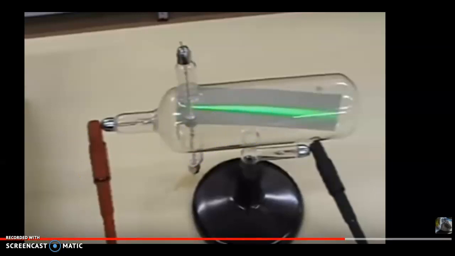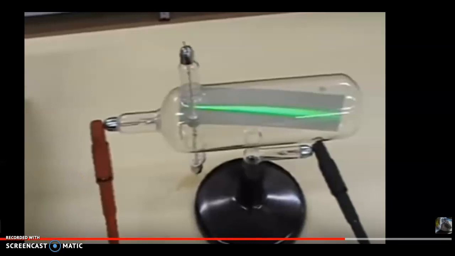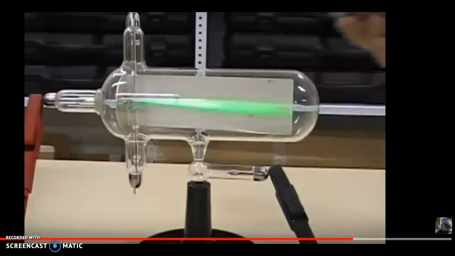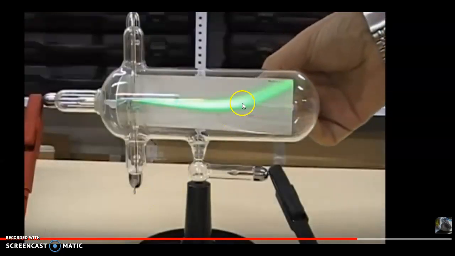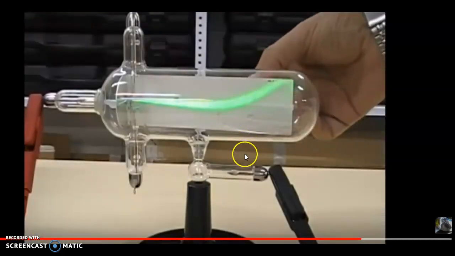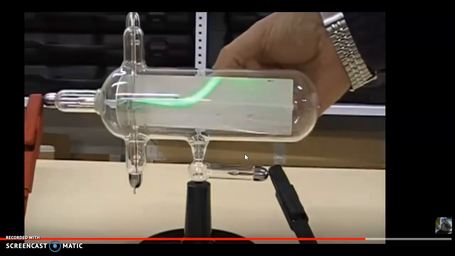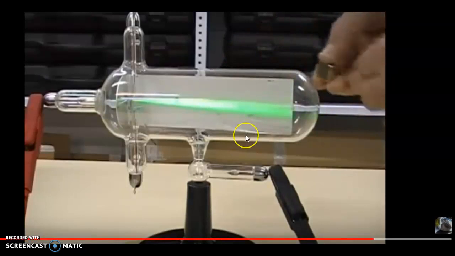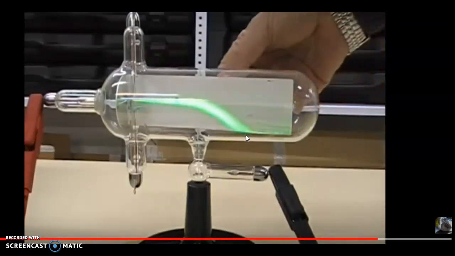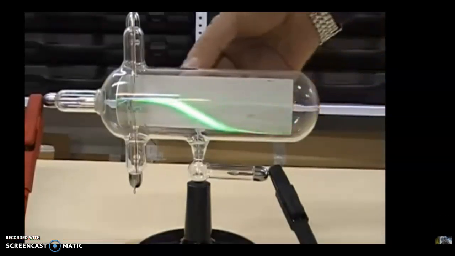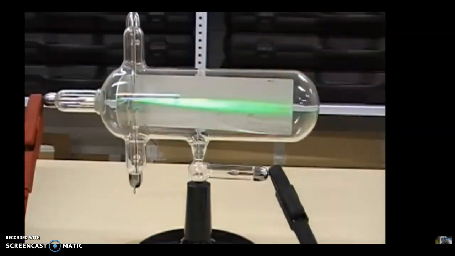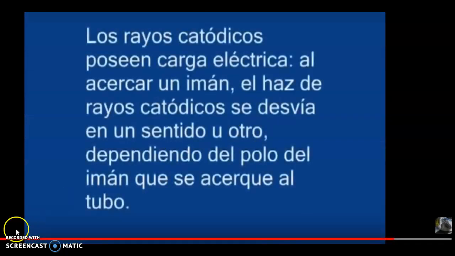So let's take a look at that for a second. Just mute that out. You can see he can actually deflect the electrons by using a magnet. And by doing various experiments, he was able to measure the mass of these electrons, and he was able to determine that they had very, very little mass. They did have some mass, which you might think of as weight, but an extremely small amount.